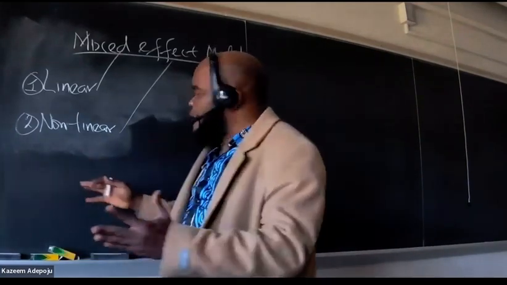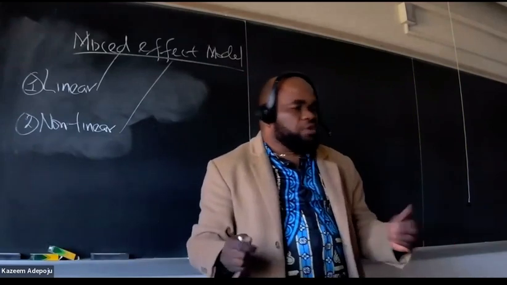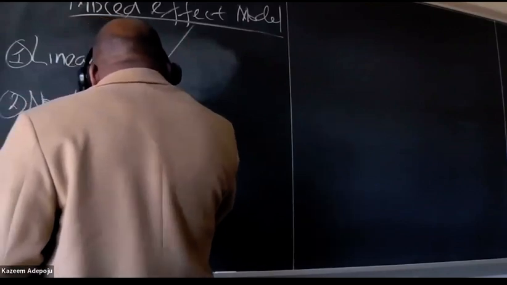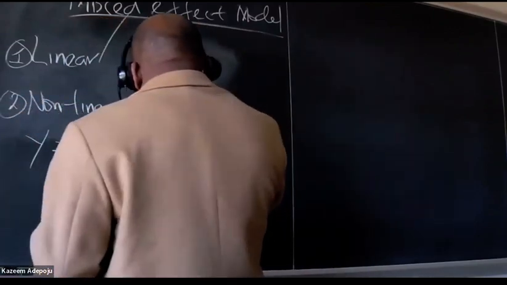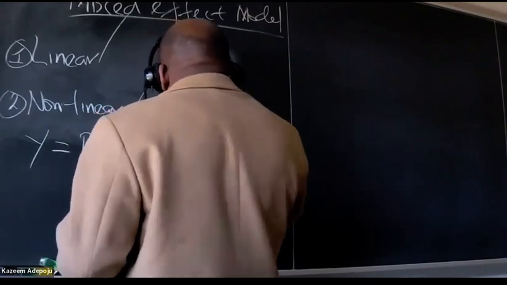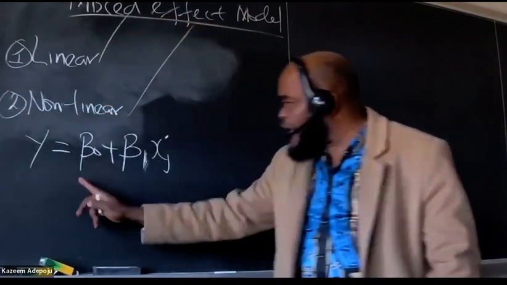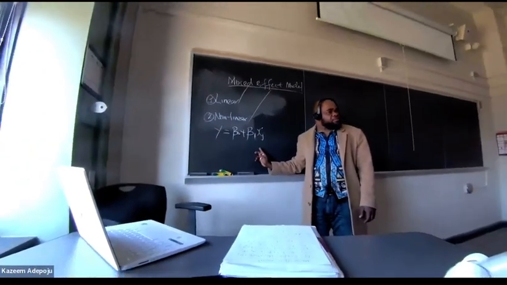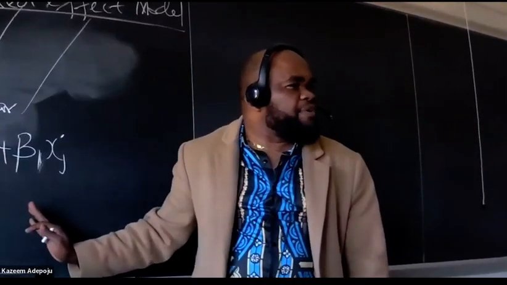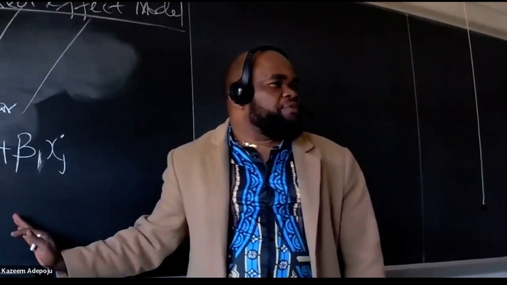Now, when you're talking about linear mixed effect, we have Y = beta naught + beta 1 S_j. If you only apply this, whether in a simple linear form or in a multiple linear form, you are actually using a fixed effect.